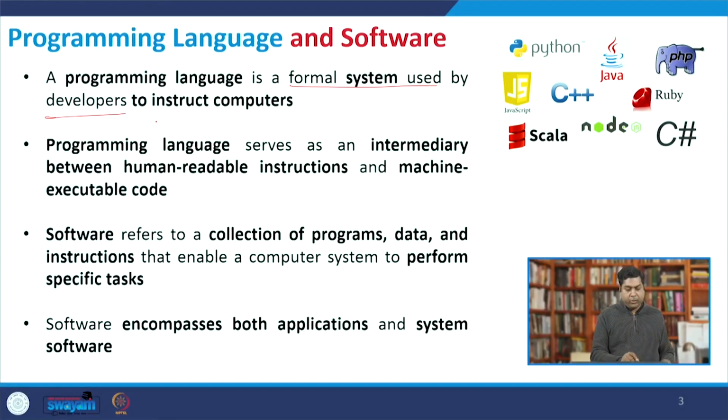Now basically it is a formal system, and this is used by developers to instruct computers, and the computer will do either the computational work, or it may be a visual rendering that it gives as output. Programming language serves as an intermediary between human readable instruction and machine executable code.